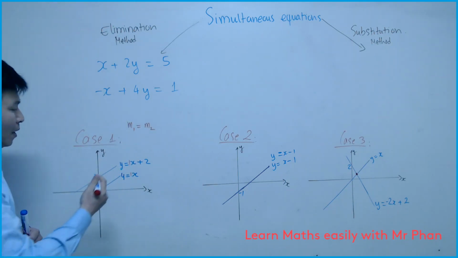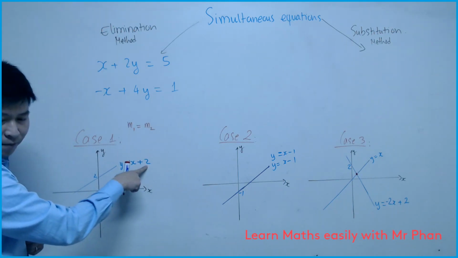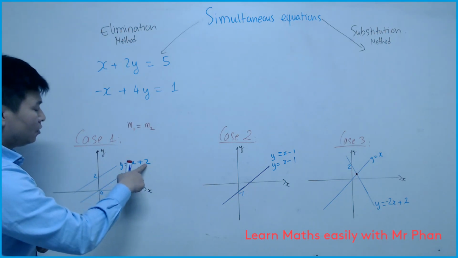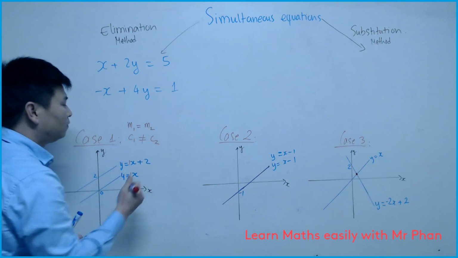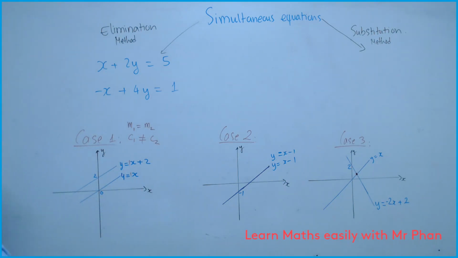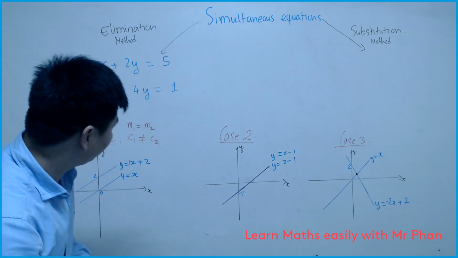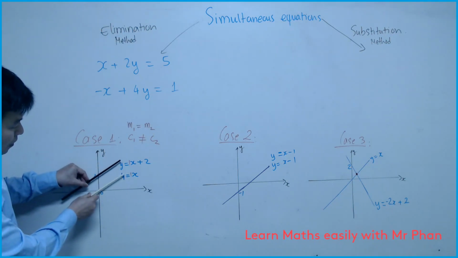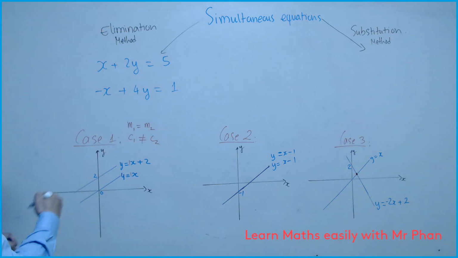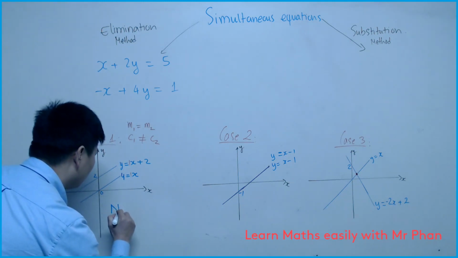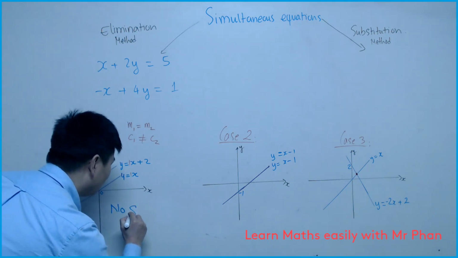But for the y-intercept, which I call c, you have c1 not equal to c2. So the two lines are parallel, and that means you have no solution. You can't find x and y, so no solution.